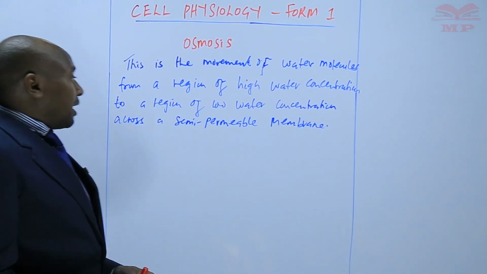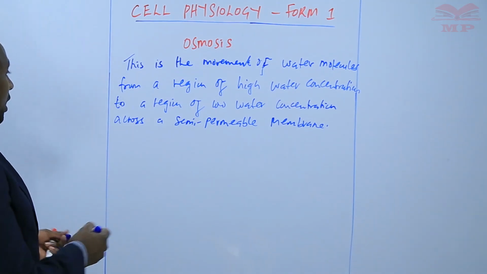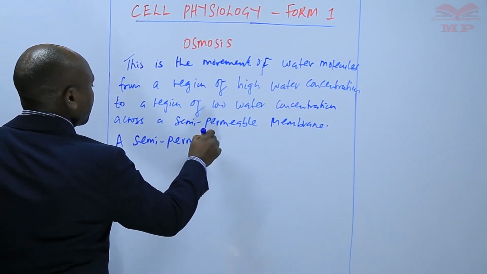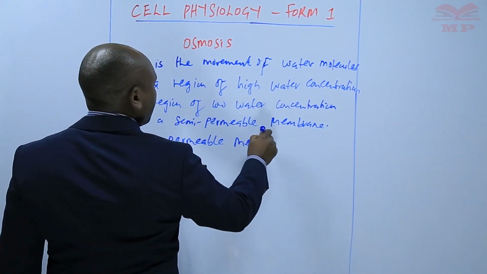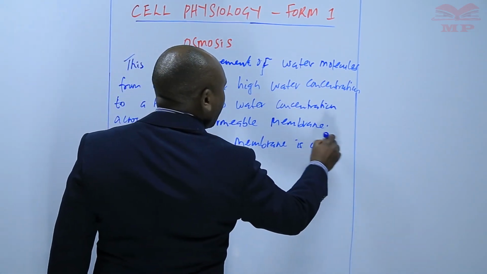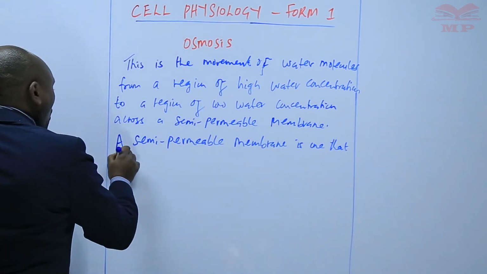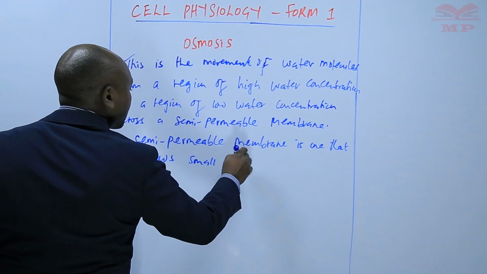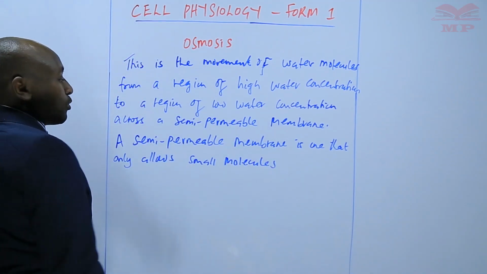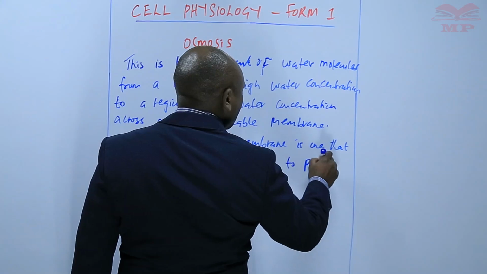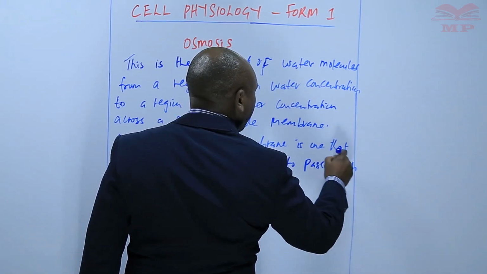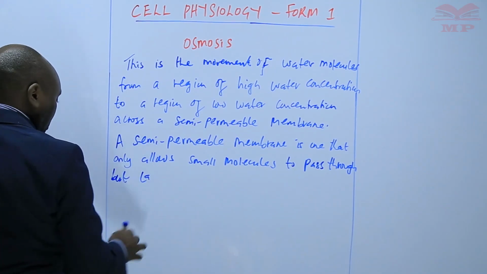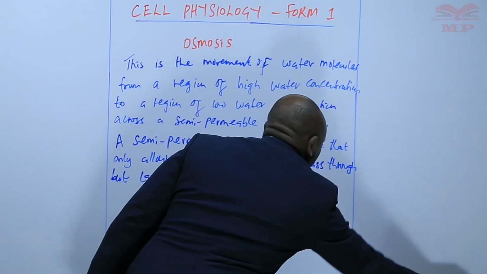Now, to explain this further, we can say that a semi-permeable membrane is one that only allows small molecules to pass through but not large molecules.